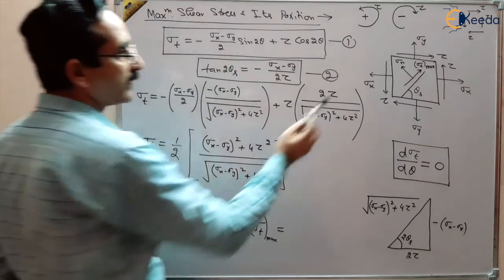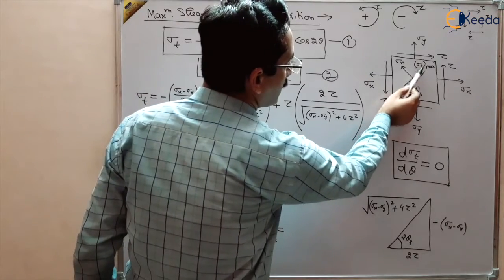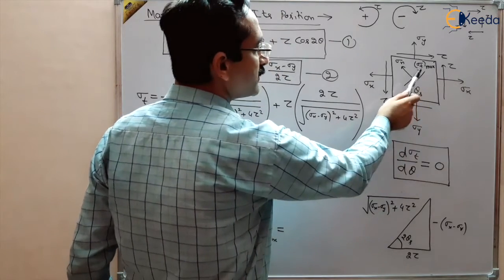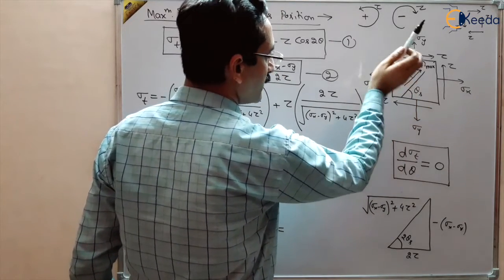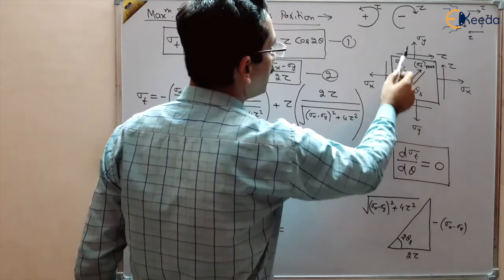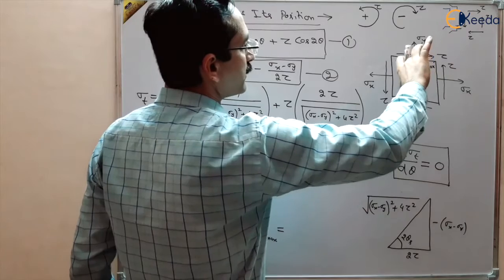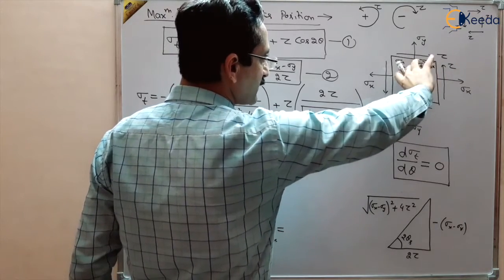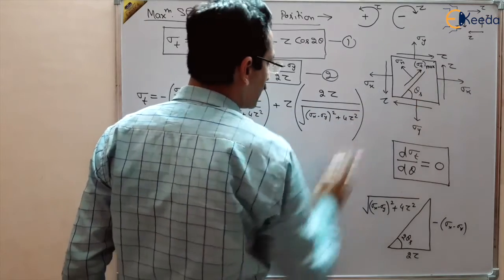So similarly here also for sigma t maximum, there will be shear stresses and complementary shear stresses. One of the shear stresses will be positive according to the sign convention, and one will be negative, depending on the couple it is making, right? If it is an anti-clockwise couple, that will be positive. If it is a clockwise couple at this point, it will be negative, right?